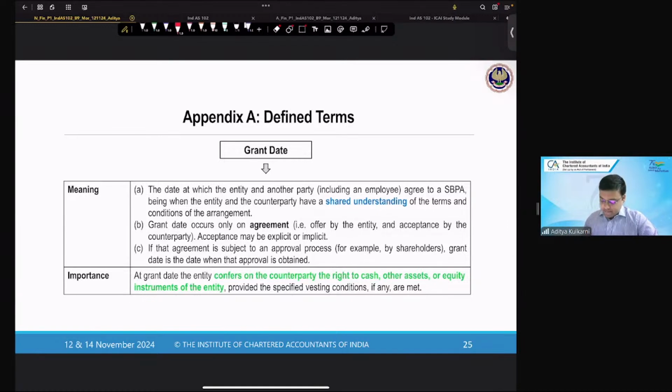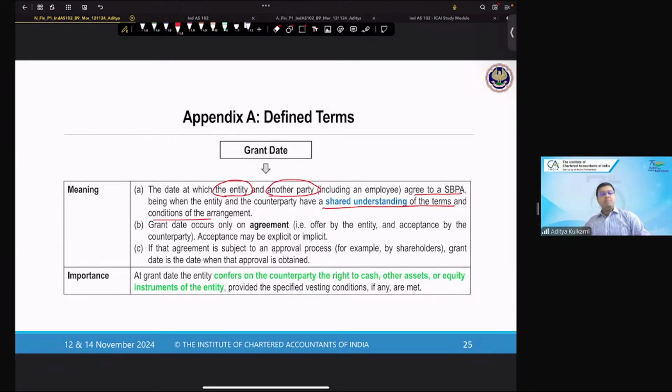Very important. Grant date is the date at which the entity and another party, that means the counterparty, agree to a share-based payment arrangement, being when the entity and the counterparty have a shared understanding of the terms and conditions of the arrangement.